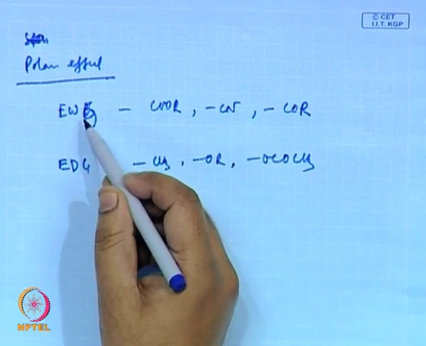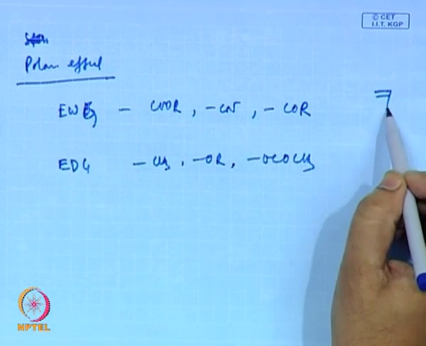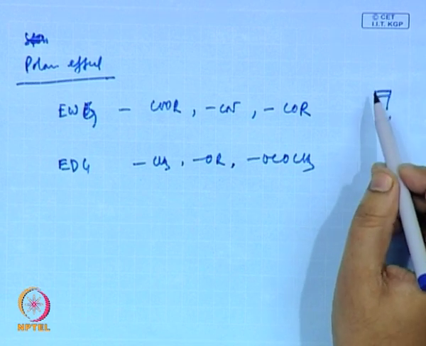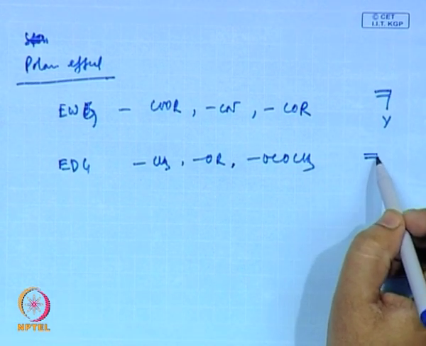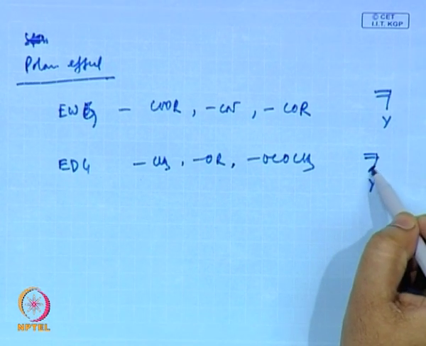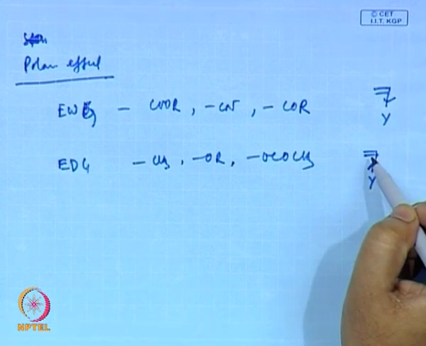If you have an electron withdrawing group, then the double bond will be electron deficient. So, basically it will be effectively positive, and if you have an electron donating group, basically it will be an electron rich double bond.